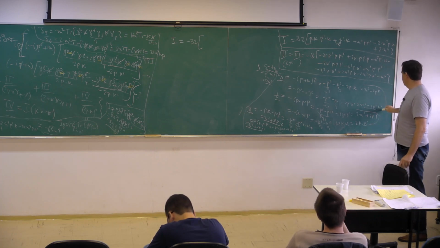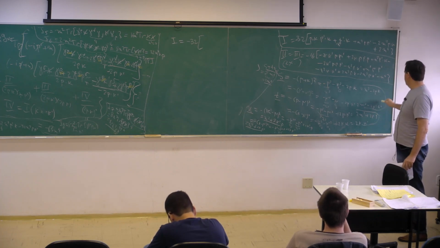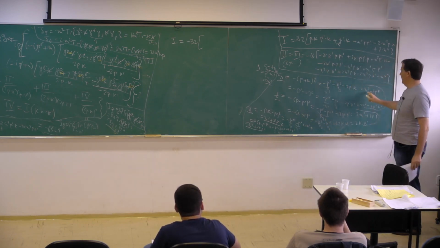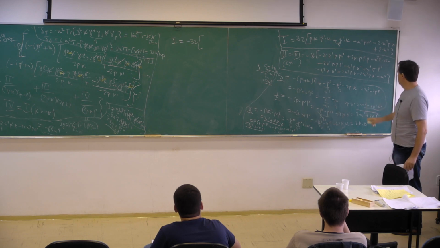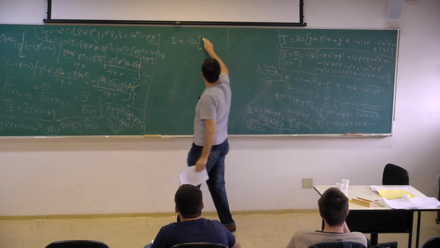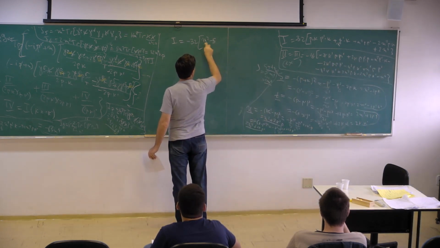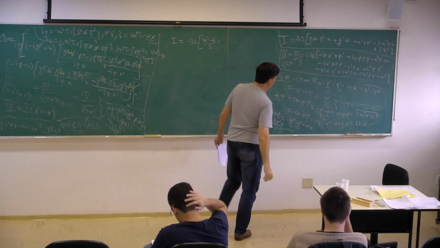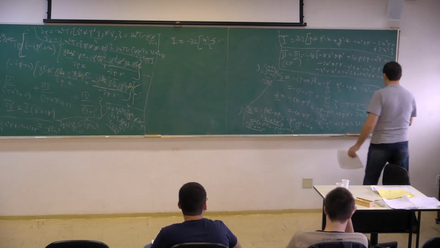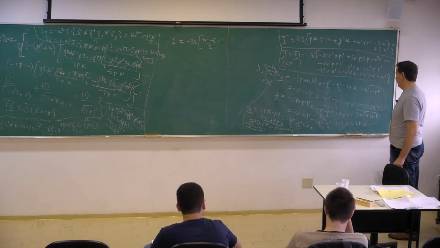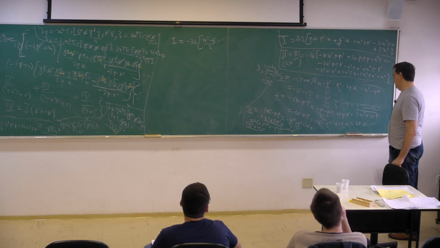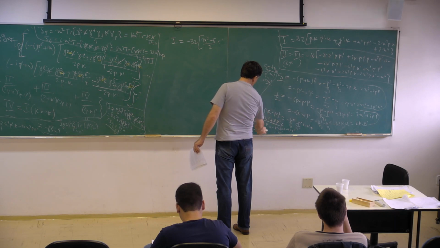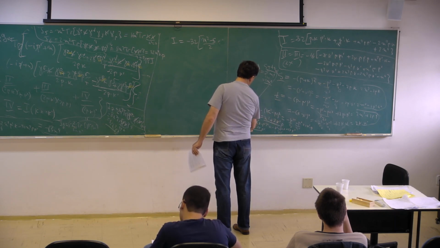Well, this is from here, right? So p·k is equal to (m squared minus s) over 2. And p′·k is u minus m squared over 2.